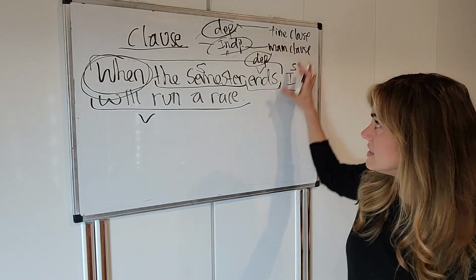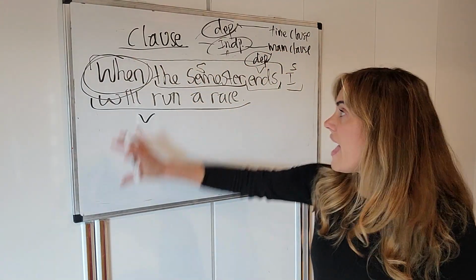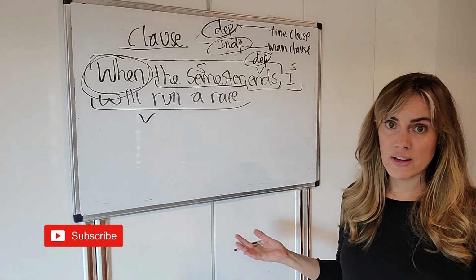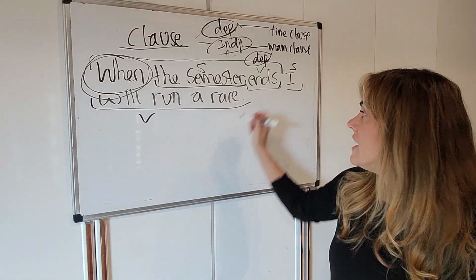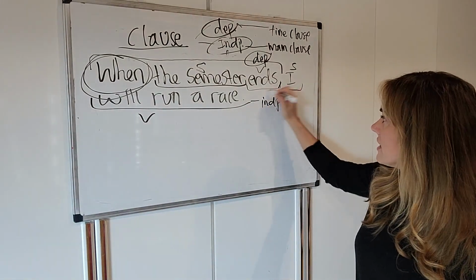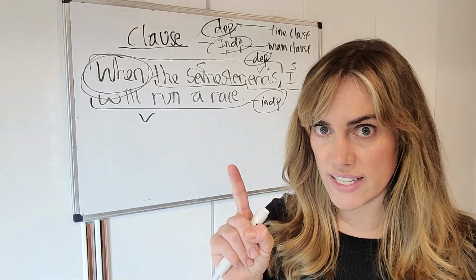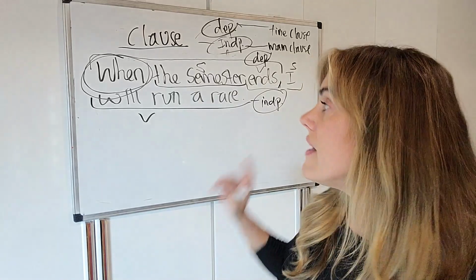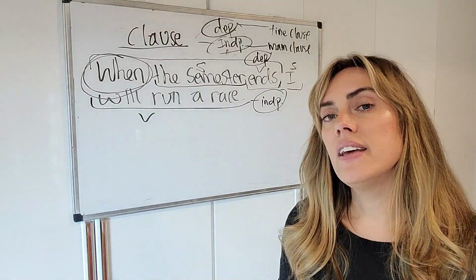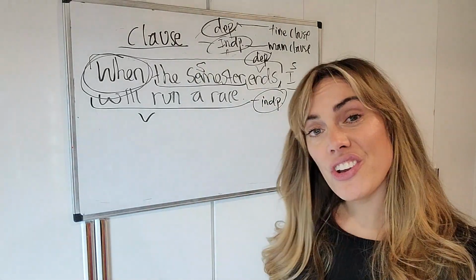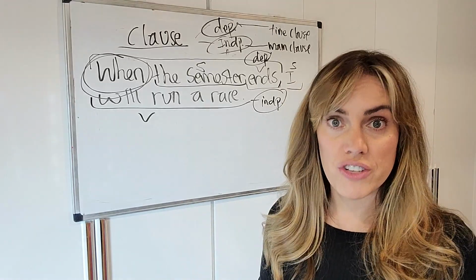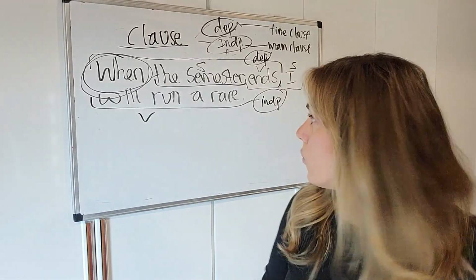This one is the dependent clause. And the one with just the subject and verb and complete thought is the independent clause. Now this sentence, because it is one sentence with two clauses, is actually called a sentence with a future time clause. What do I mean by that?